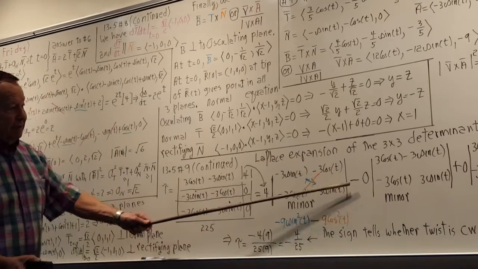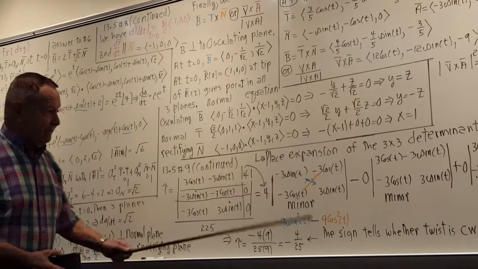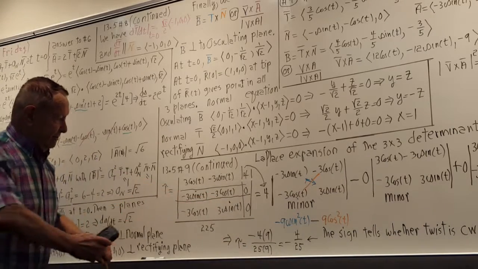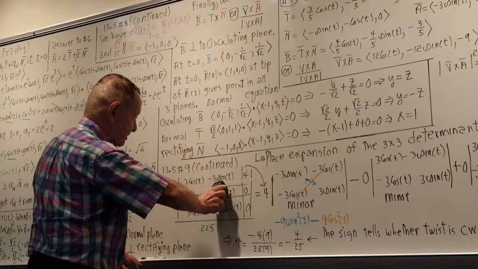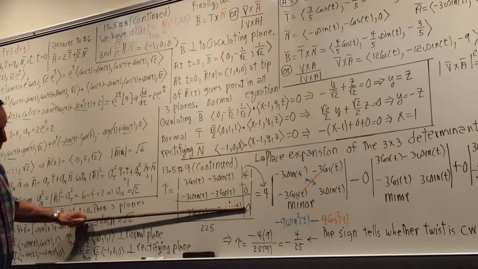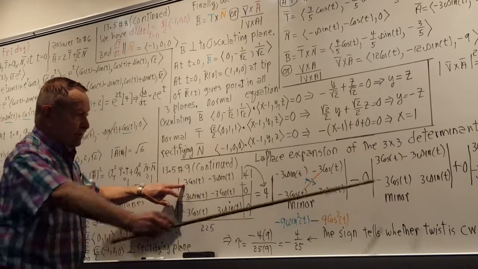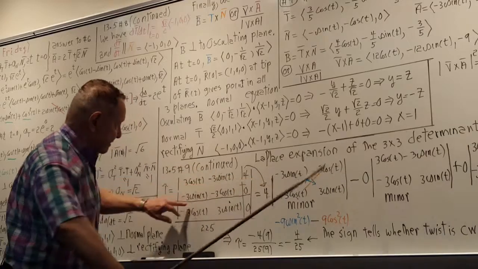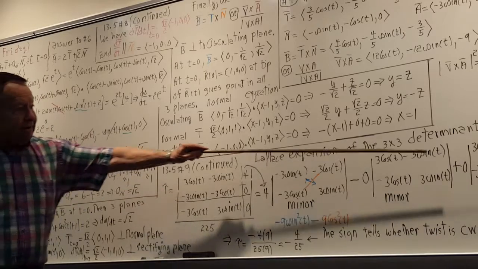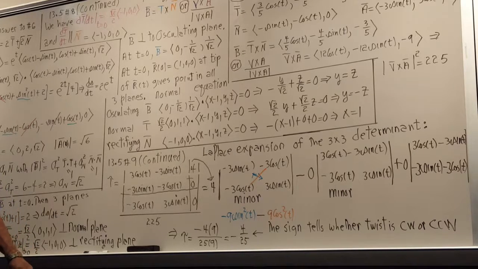Well, it doesn't matter because you're multiplying by 0, but that's what your minor would be. And then continuing to the bottom, you'd have that, and then playing cross out, you would have crossed out the bottom row, and these 4 would be this minor. The 3 cosine t, minus 3 sine t, minus 3 sine t, minus 3 cosine t. And again, you're multiplying by 0, so you really don't have to do it, but that's what the expansion would be.